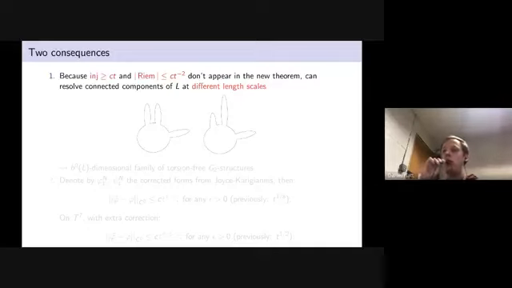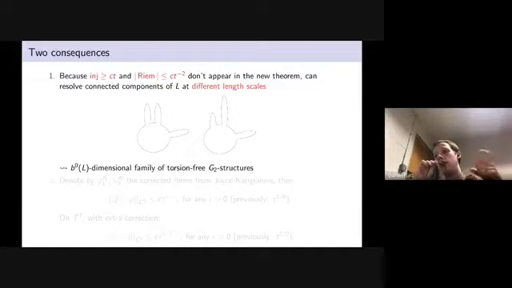Previously you needed this, now you don't. So this gives you a b0 of L-dimensional family of torsion-free G2 structures. Before you had this one gluing parameter t, and now, if you like, you can have different gluing parameters for the different connected components of L.